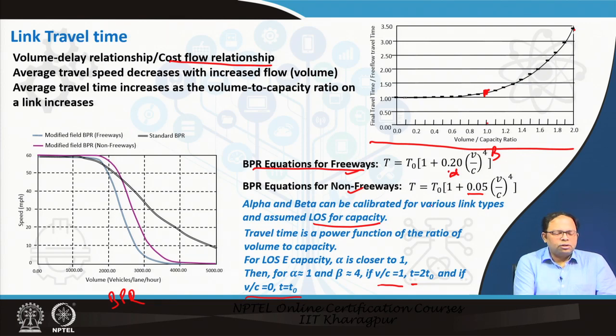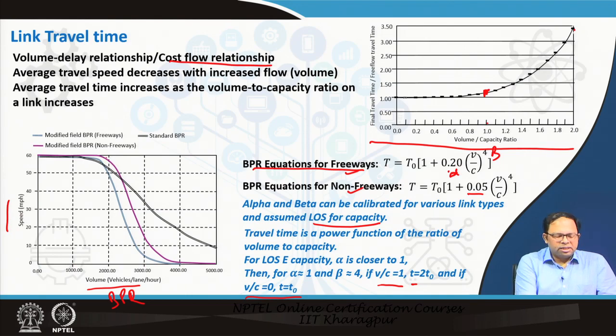These are the curves for the standard BPR, whereas these are the modified curves for freeways and the modified curves for non-freeways. Here we have speed and then we have volume. So when volume increases, speed will gradually come down.